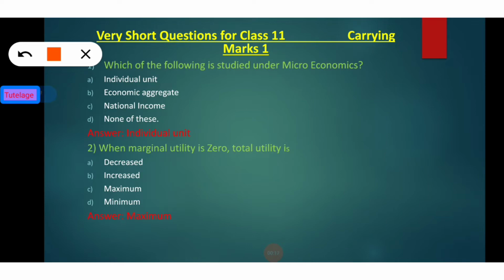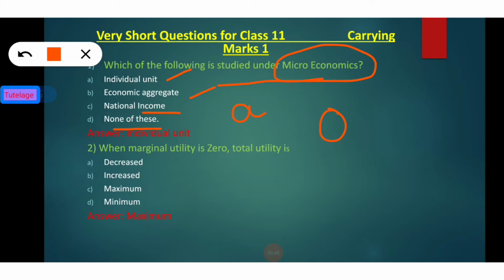The first question: which of the following is studied under microeconomics? We all know that microeconomics is related to the small unit. These are MCQs, so there are 4 options. The first option is individual unit, the second is economic aggregate, the third is national income, and the fourth is none of these. Obviously option A is the correct answer.